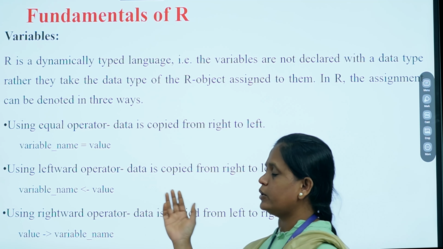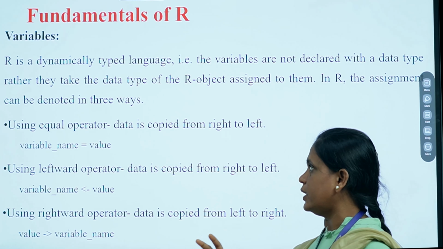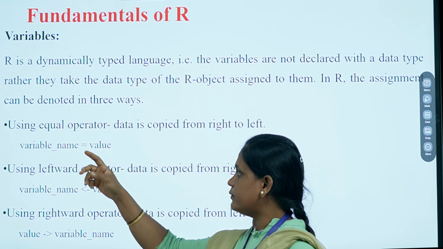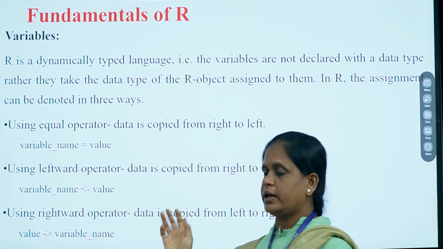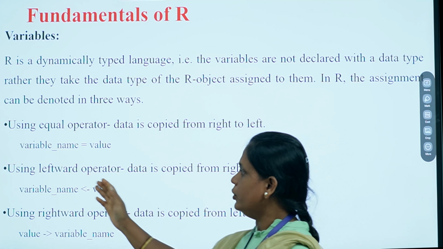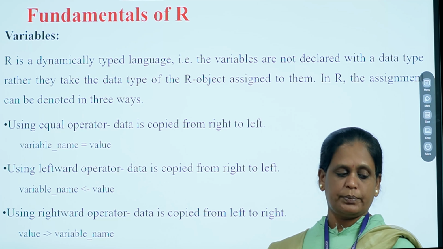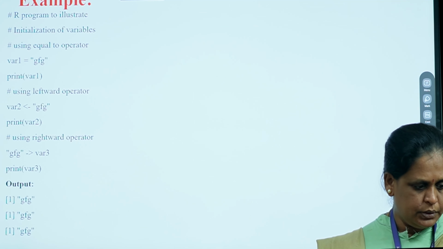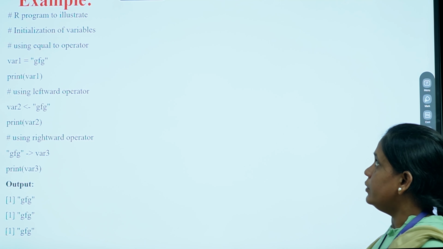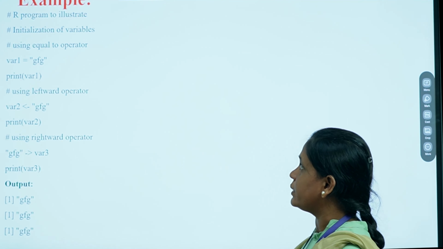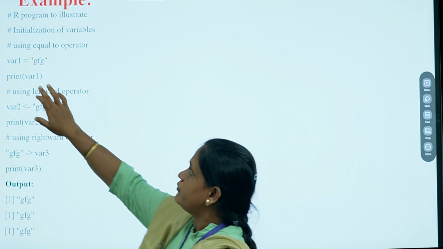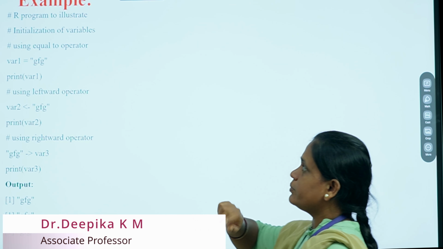When you are assigning values, there are 3 ways we can assign: either you can use the equal operator, right arrow, or left arrow. Any way you follow will assign the value to that particular variable. This illustrates how you initialize variables in the R programming language. I defined var equal to GFG and I am printing that.